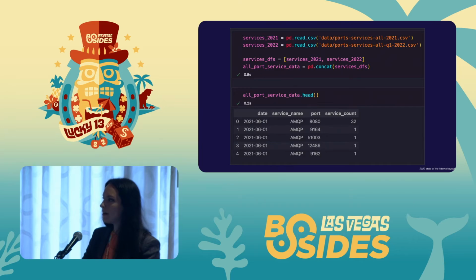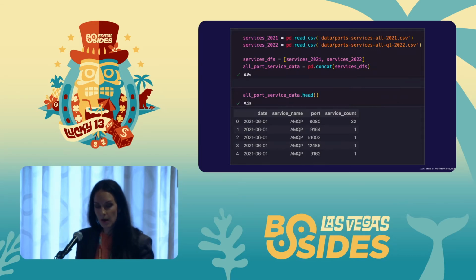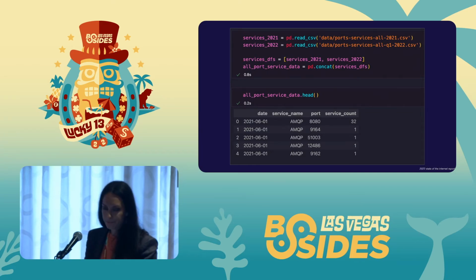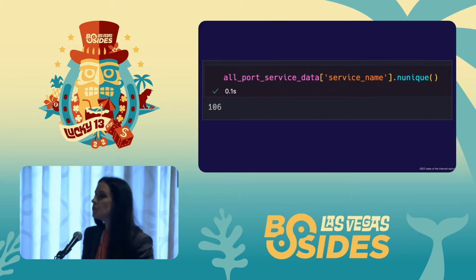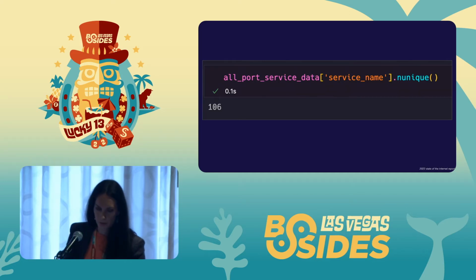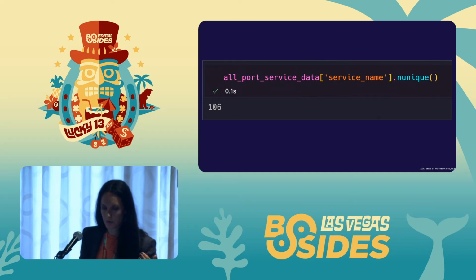So this is a data set of service name, port, and service count over a series of dates from June of 2021 through May of 2022, with several different snapshot dates in there. So if we look at the number of services that we actually have in this data, it's quite a lot. Well, a lot is relative, I suppose, when you're talking about the internet. This is really not a lot in terms of the internet, but 106 is a lot to start with.